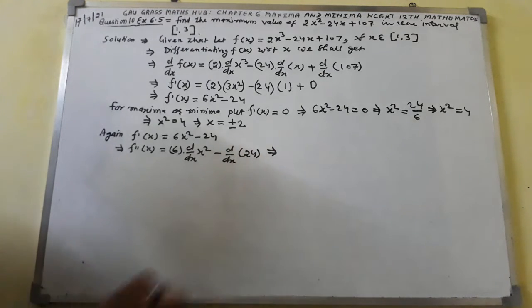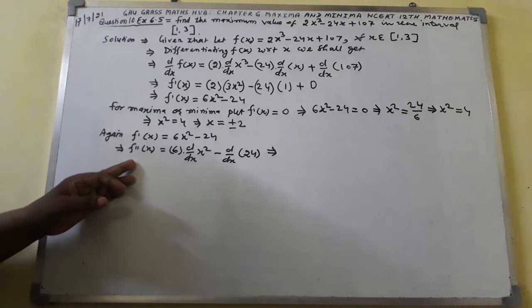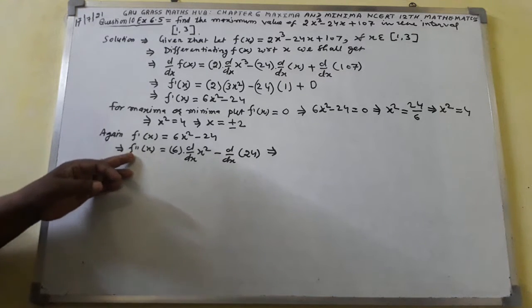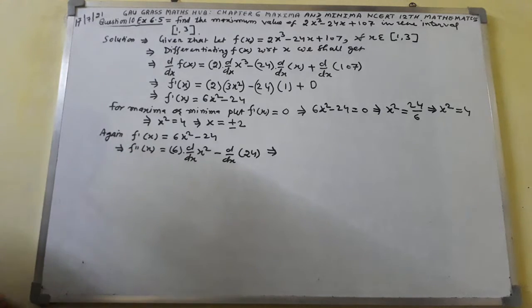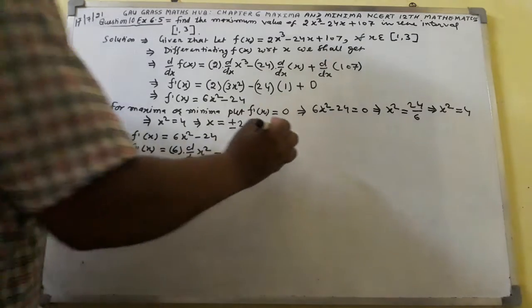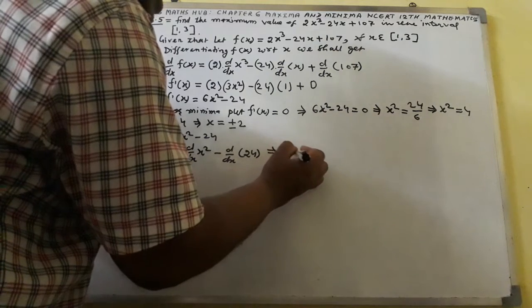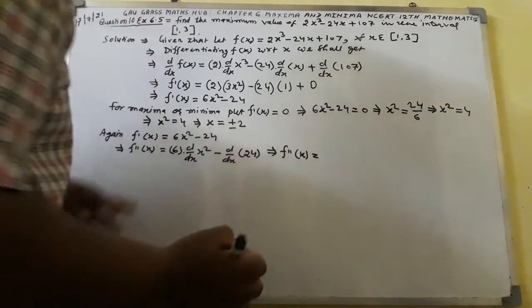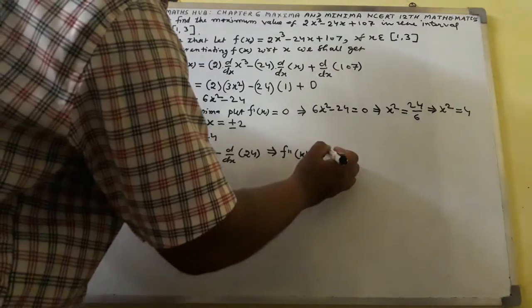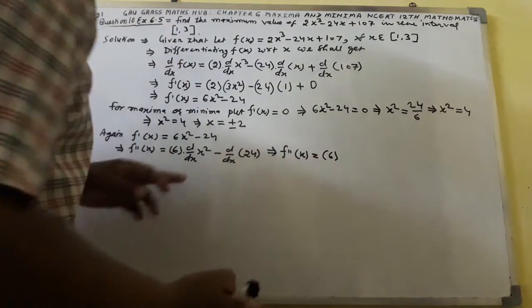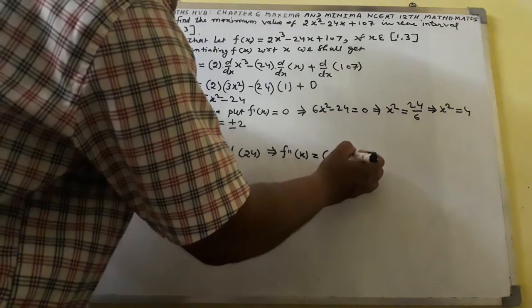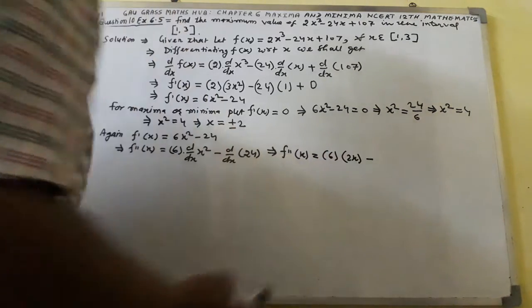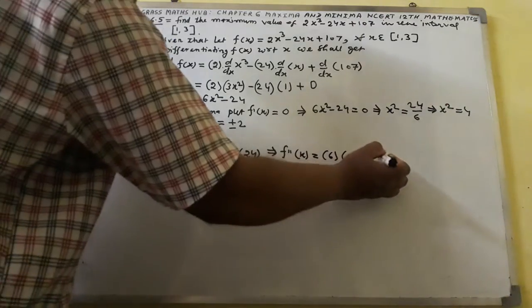Here f double dash of x is the second order derivative of f of x. F double dash of x is equal to 6 times d over dx of x square, which comes out to be 2x, minus d over dx of 24, which comes out to be 0.